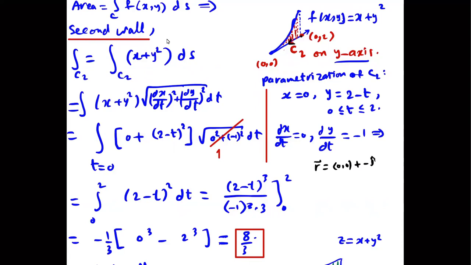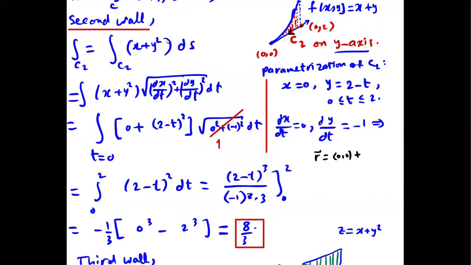Let's write it in the other way. This is the parameter t times the vector here, 0, negative 1. This is a point on the line, and this is a vector on this line.